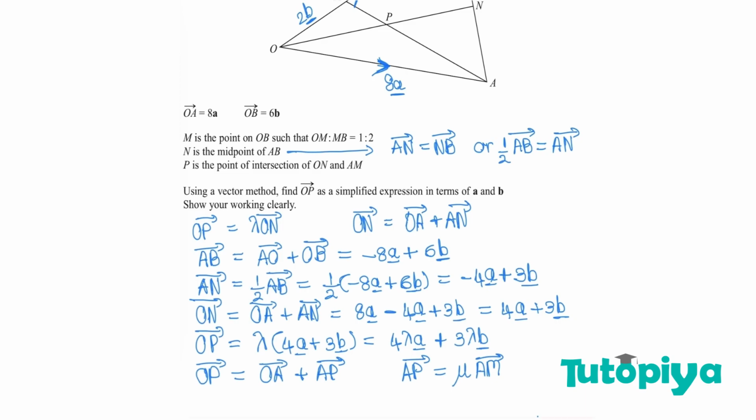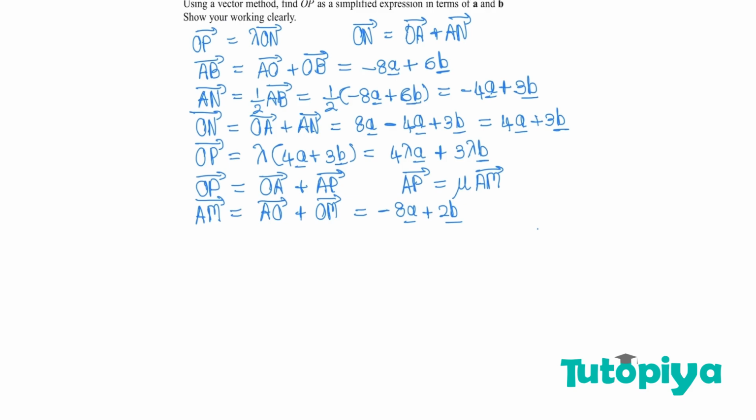So, again now I am going to figure out how do I find AM, right. So, AM can be found by AO plus OM, right. So, that is going to be negative 8A plus 2B, and from here I can now work out the next line.